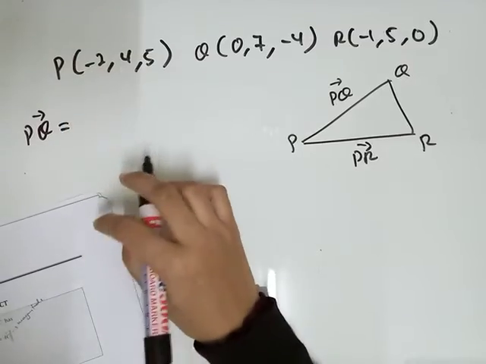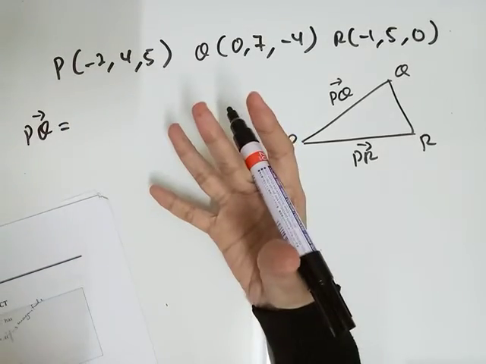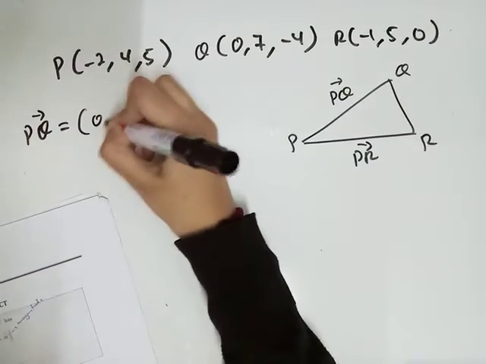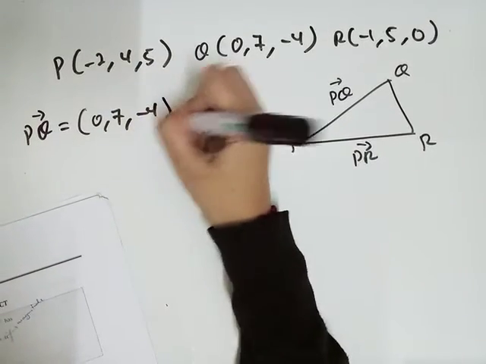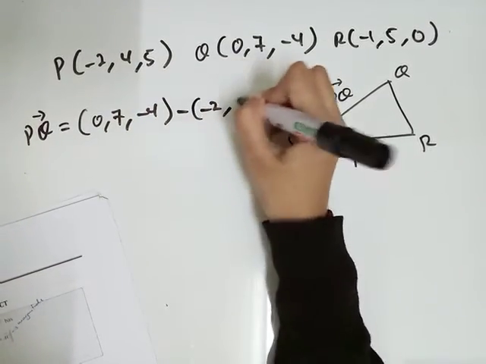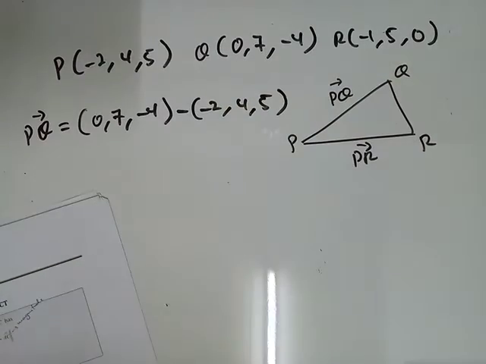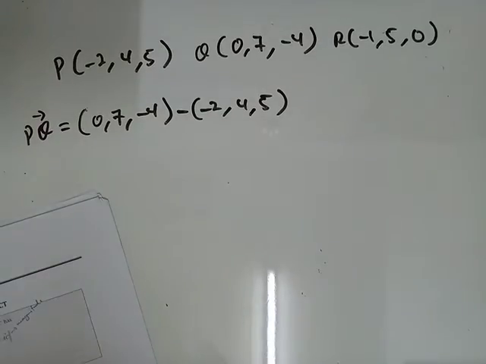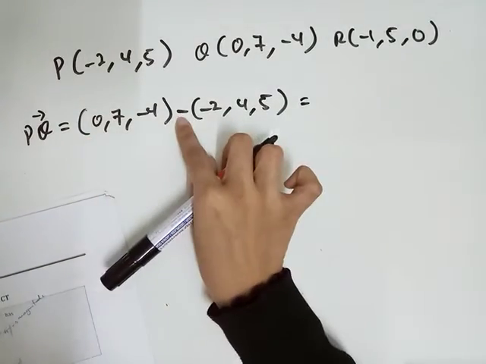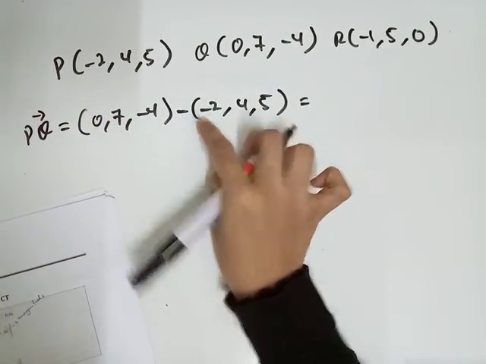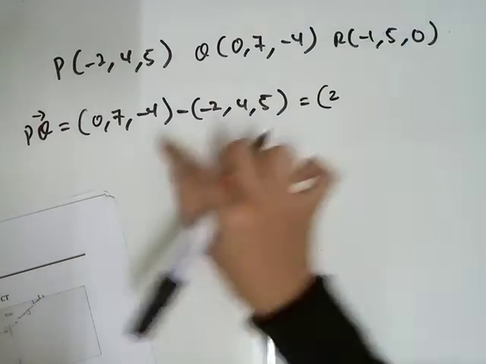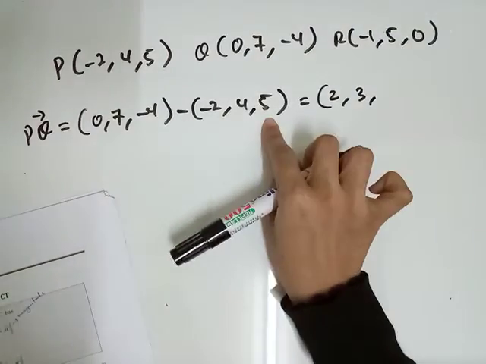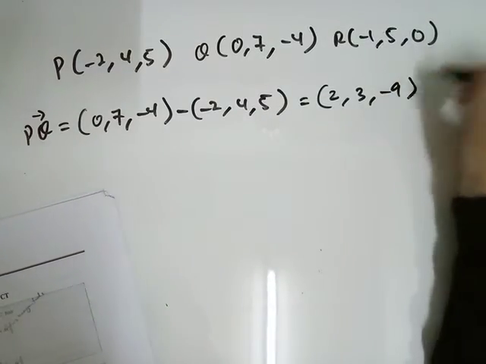So, find the vector. Macam mana nak cari? Okay, find the distance dia. Point Q minus point P. So, 0, 7, negative 4 minus negative 2, 4, 5. And then, calculate 0 minus negative 2. Negative should be positive 2. Okay, 7 minus 4, you get 3. Negative 4 minus 5, you get negative 9.